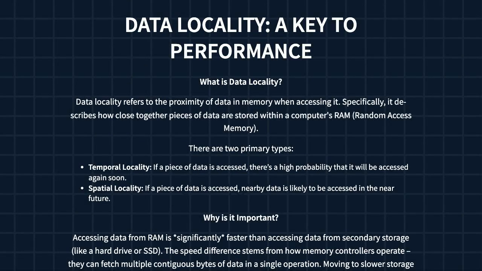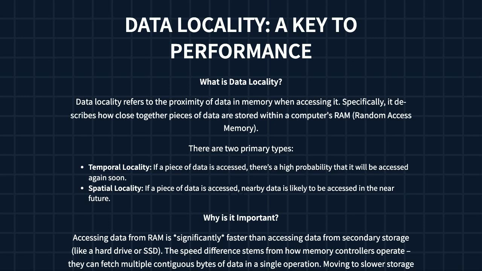Okay, let's talk about data locality, a really important concept in memory management. Basically, it's all about how close your program's data is to where the computer can access it quickly, which is RAM. There are two key types: temporal locality, meaning if you use something once, you'll likely need it again soon, and spatial locality, which says that if you access one piece of data, nearby bits are probably going to be needed too.